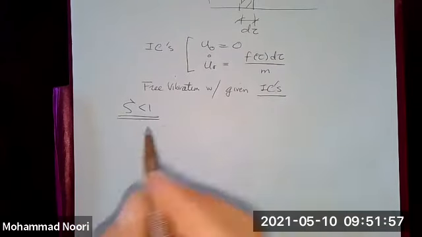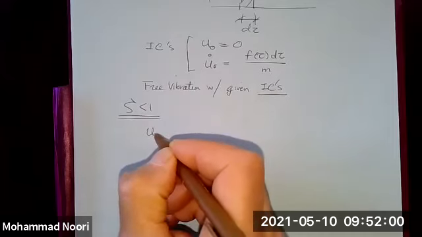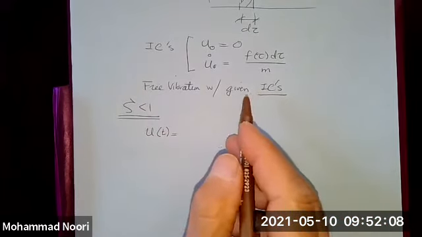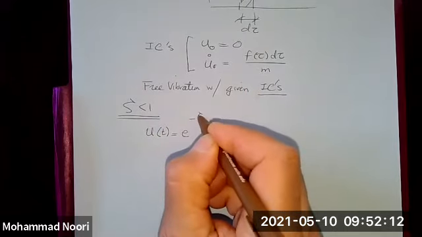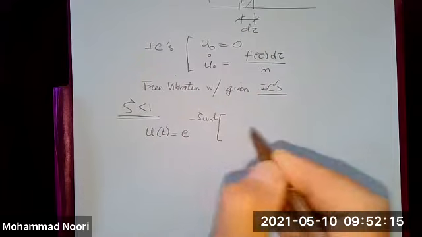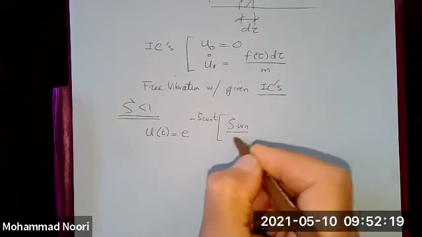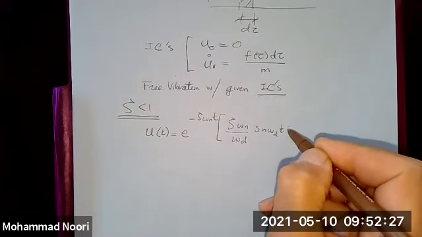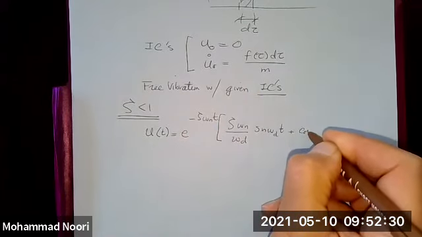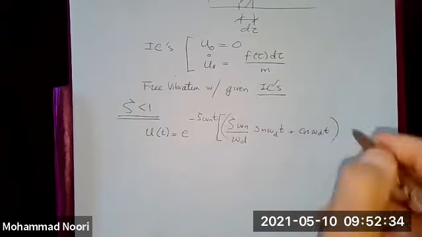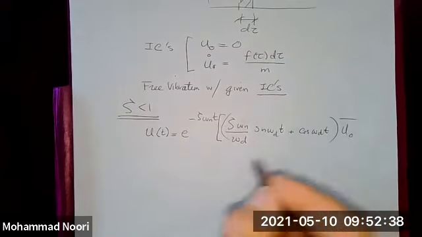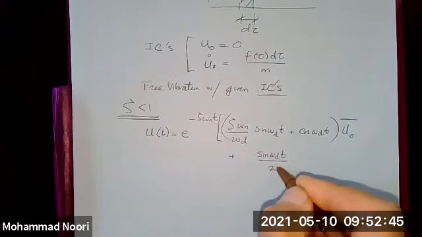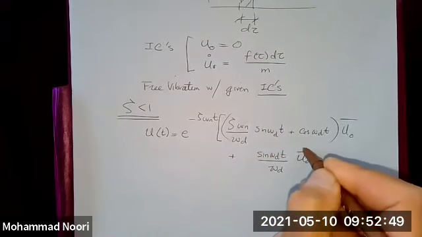If you go back to your notes, you see that the response of an underdamped system, freely vibrating with the initial conditions given, was this: e to the minus zeta omega n t, times [zeta omega n divided by omega d sine omega d t plus cosine omega d t] times the initial displacement, plus sine omega d t over omega d times the initial velocity.